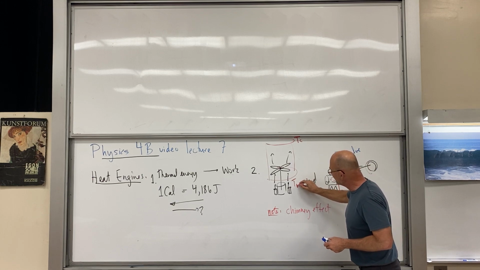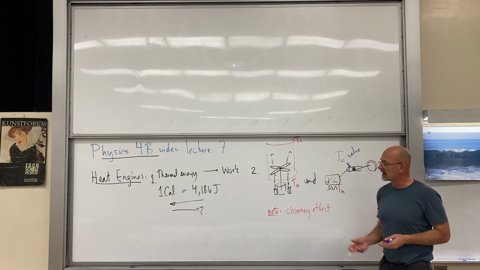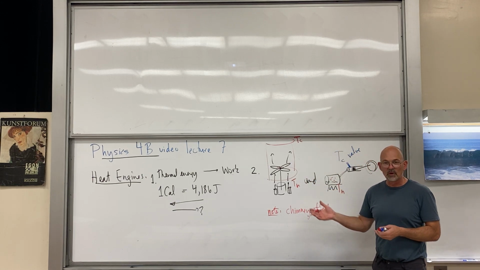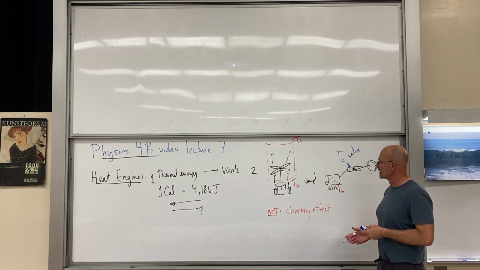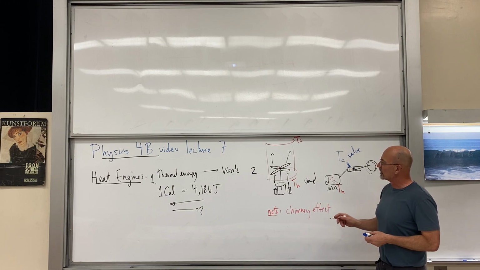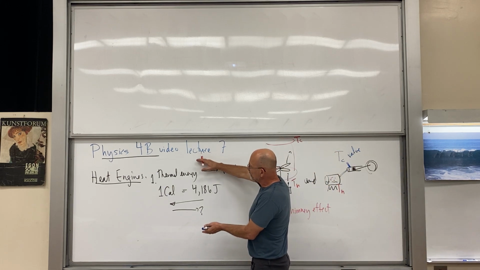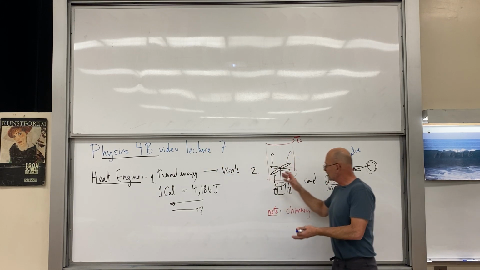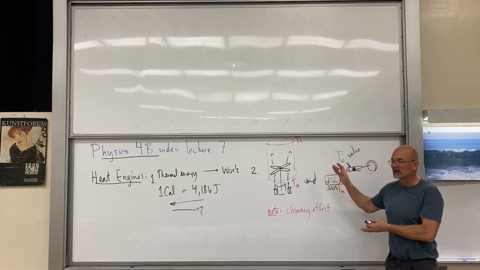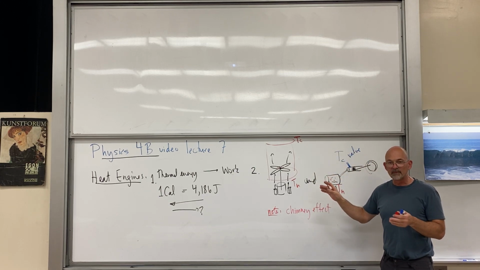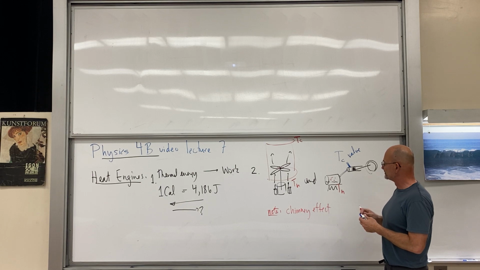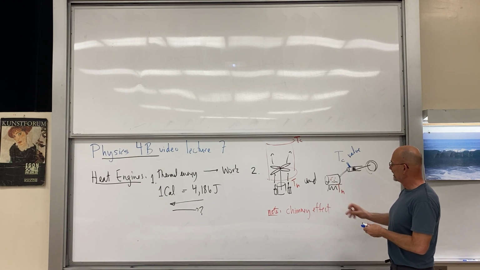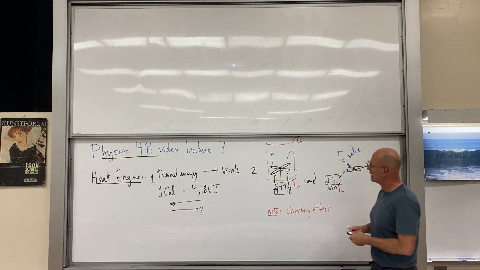Fundamentally there's a heat flow going on, and we know that energy flows from hot to cold spontaneously. Good, so this was the reason we're doing it. We want to get work. These were some of the mechanisms that do it. I'm going to describe a couple other mechanisms later on in the hour. The chimney effect is very important here.